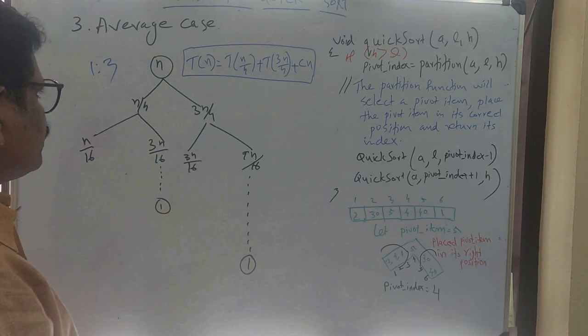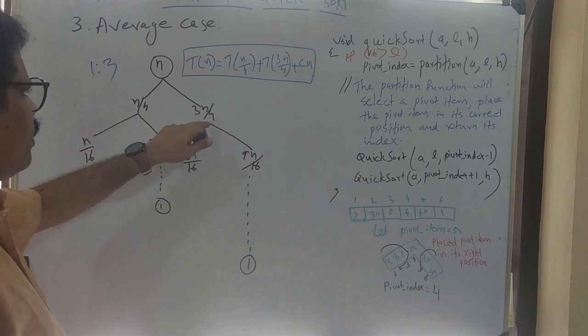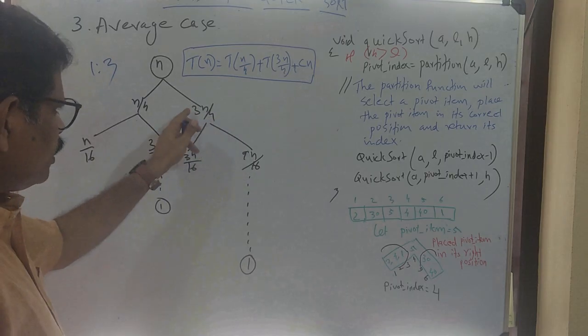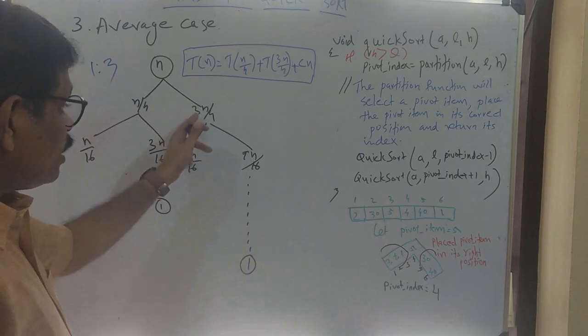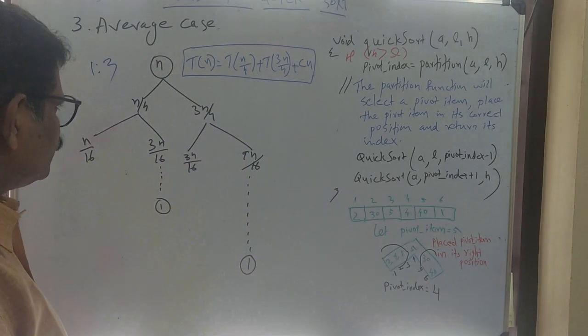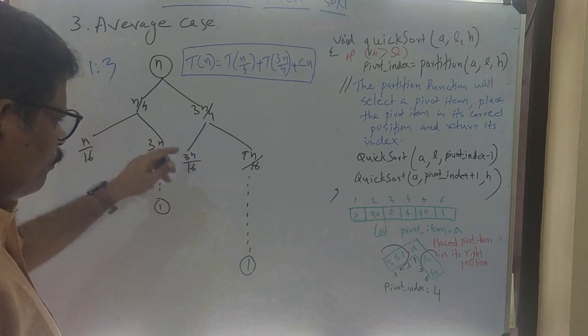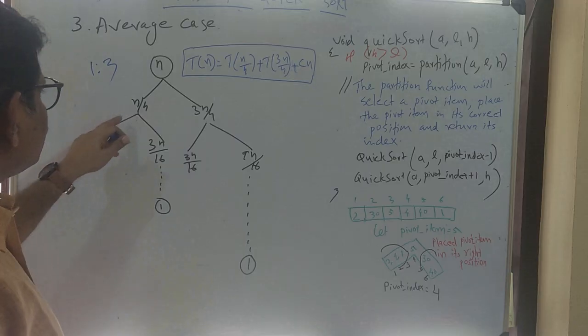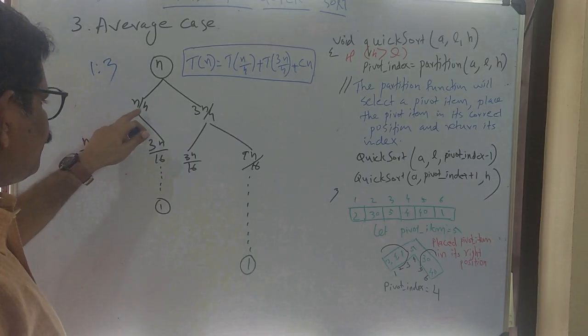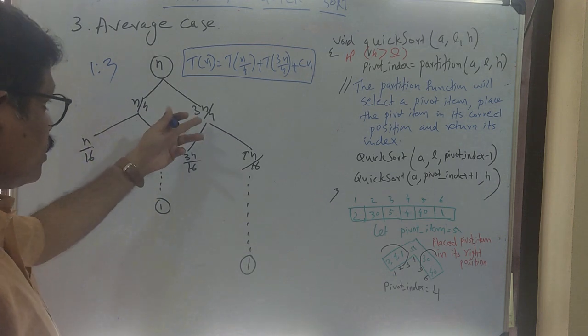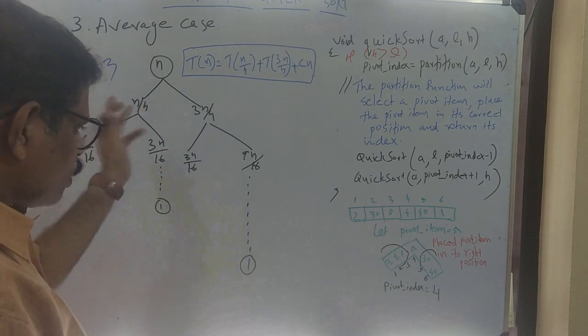It will continue, and the 3 into n by 4 subtree has more elements, so this path or this leg has more length. The leg with 3 into n by 4 elements will be finished after the leg with n by 4 elements, because it has more elements.